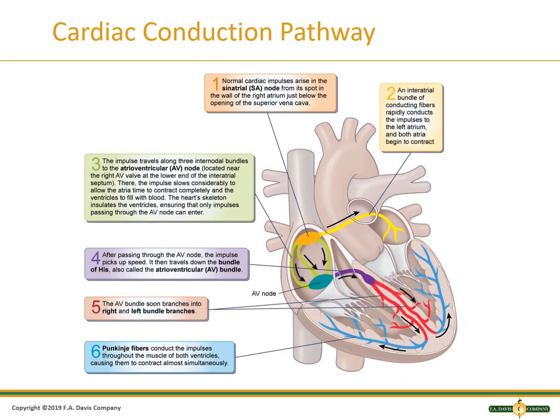From the bundle of His, the electrical signal passes through the right and left bundle branches, so it travels down. And if you look at your picture, those red areas, that's the left and right bundle branches, and they are traveling down your septum.